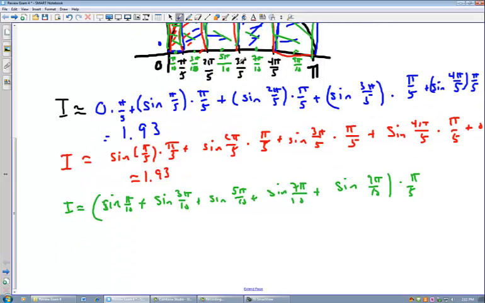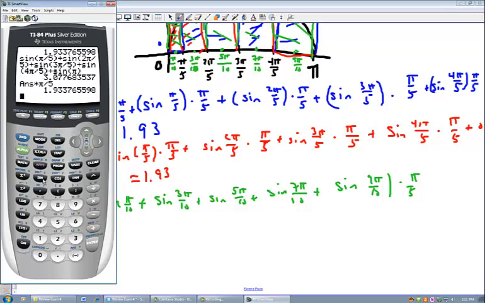And on my calculator, I can do this. So on my calculator, I have sine of pi divided by 10 and parenthesis, plus.